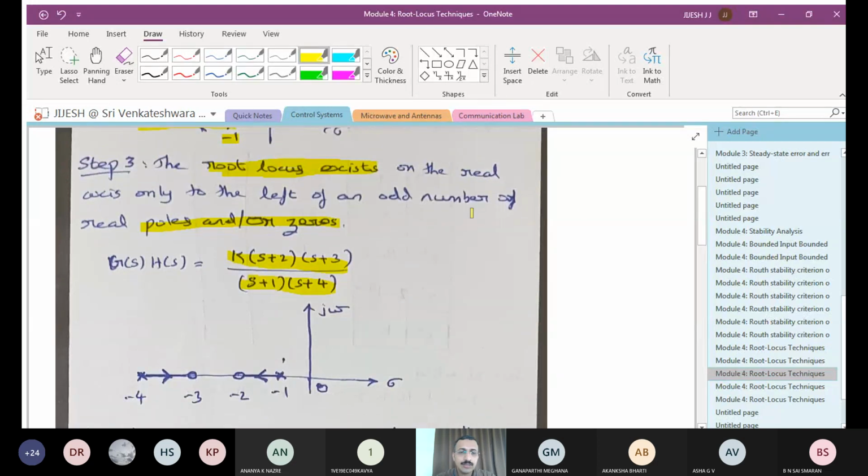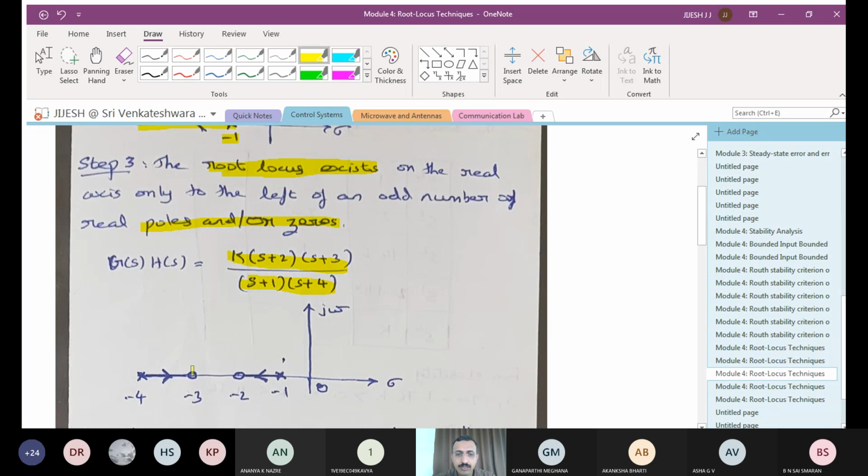When you find the poles and zeros, when you take the zeros, you get s+2 and s+3 in the numerator. You know that in the numerator you get the zeros and in the denominator you get the poles. So you are going to get zeros at s equal to -2 and s equal to -3.